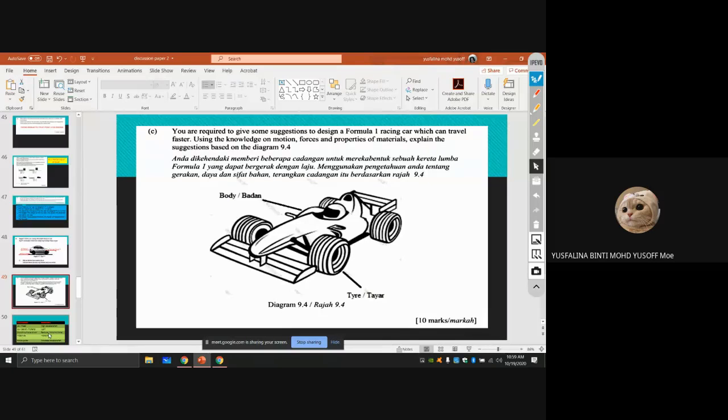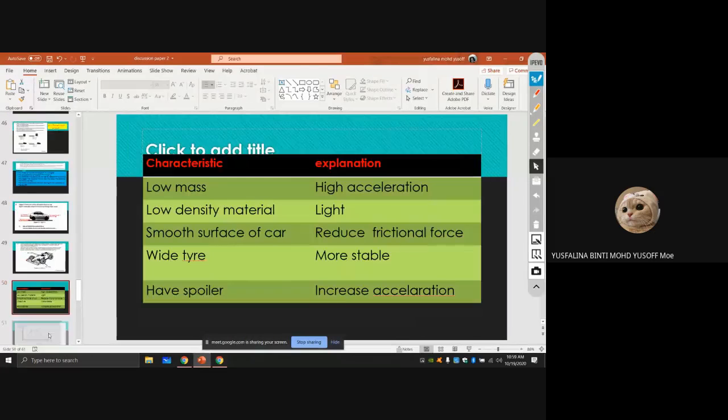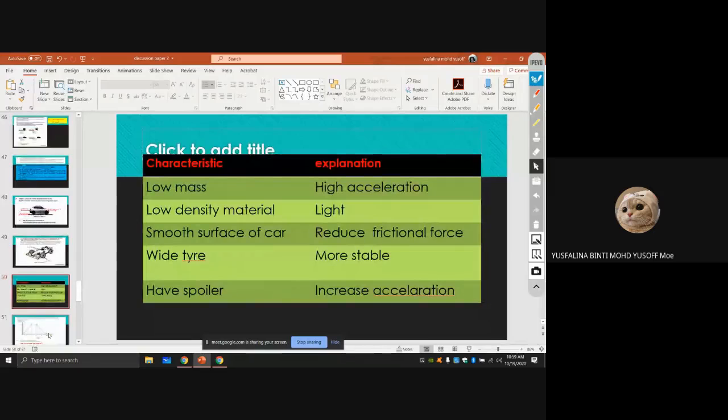So the first one is low mass, high acceleration. And then the material should be low density, so it will be lighter, and a smooth surface of the car reduces frictional force. And then wide tires, so more stable. And then have a spoiler, increase acceleration.